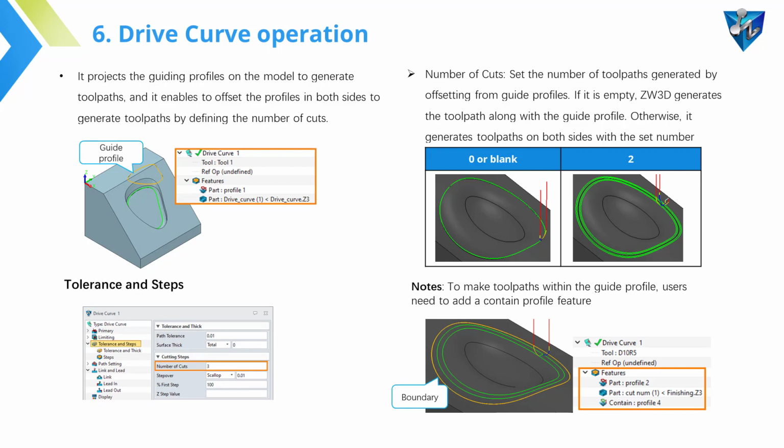If it is empty, ZW3D generates the toolpaths along with the guide profile. Otherwise, it will generate the toolpaths on both sides with the set number. If we want to make the toolpaths within the guide profile, we can add a contain profile to the feature.